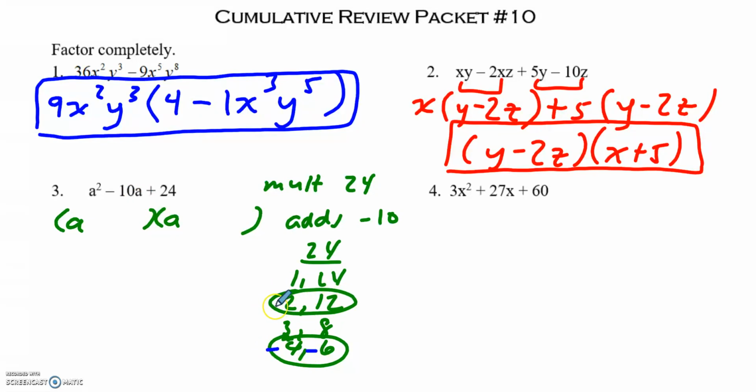If I want 2 and 12 to become negative 10, I need negative 12 plus 2. Which one of these pairs multiplies to be a positive 24? Well, it has to be the top one, because negative 2 times 12 is negative 24. So this is not my pair, so my factors would be a minus 4 and a minus 6.